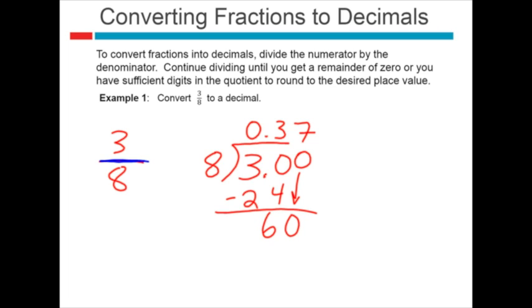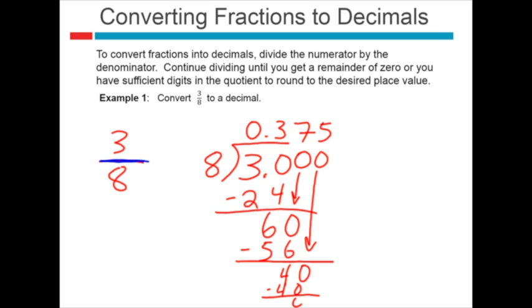Then 7 times 8 is 56. We'll subtract and we get 4. Again, we still don't have a remainder of 0, so we're going to bring down another 0. 8 goes into 40 5 times, and 8 times 5 is 40, so we subtract, and now we finally have no remainder. So this right here is our final answer, 0.375. That is what the fraction 3/8 equals as a decimal.